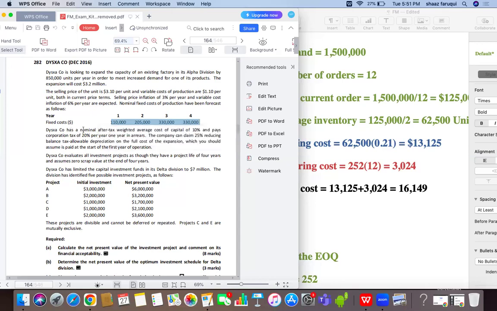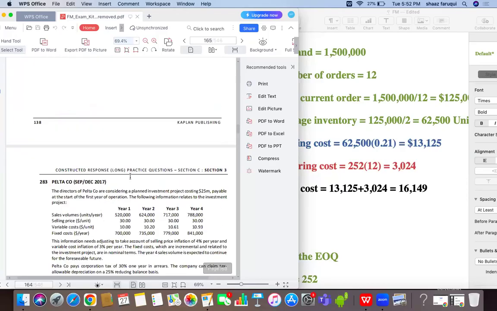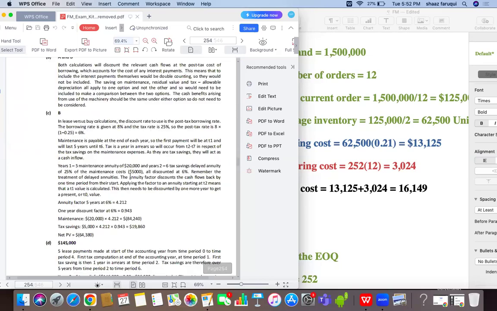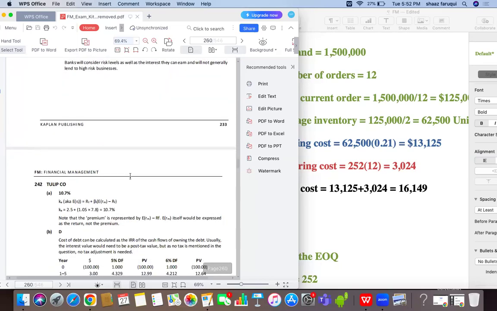However, read this. Has a nominal after-tax weighted average cost of capital of 10% and pays corporate tax of 20%. And the company can claim 25% reducing balance tax allowable depreciation. So you've seen that information. Because it's all repetitive calculation, I'm going back down.